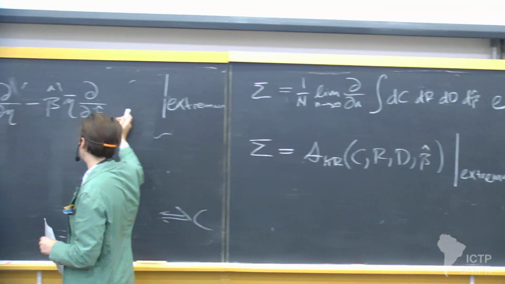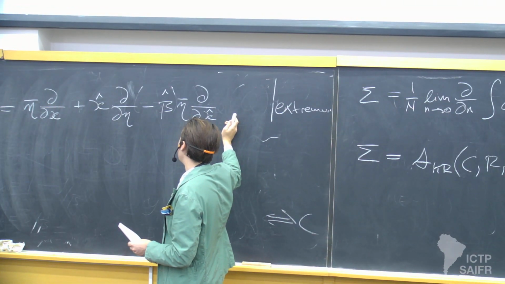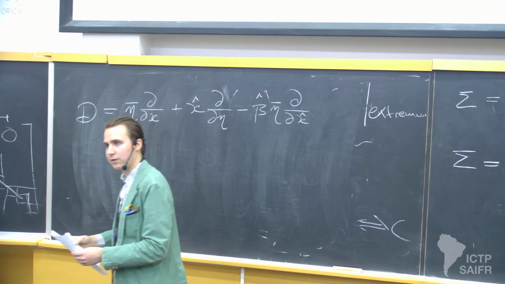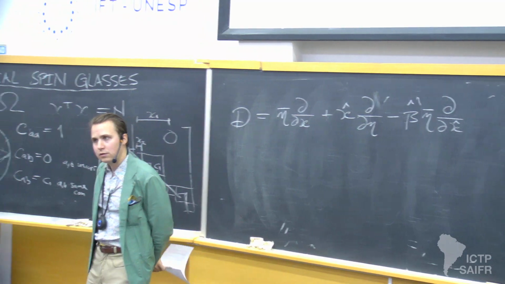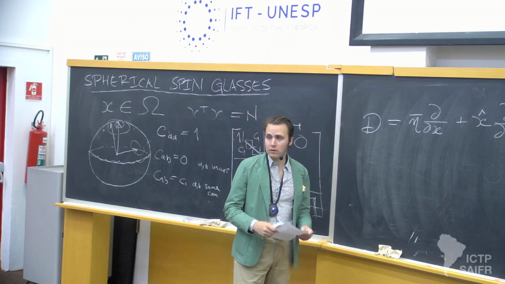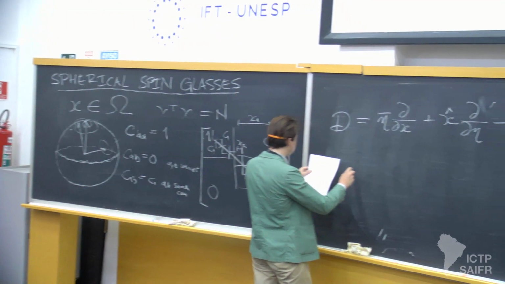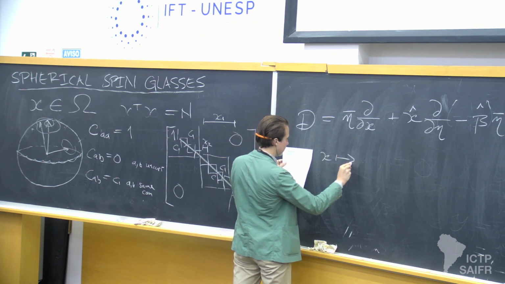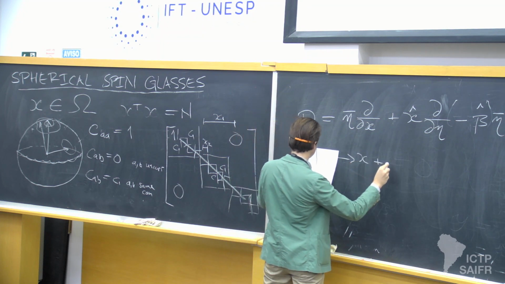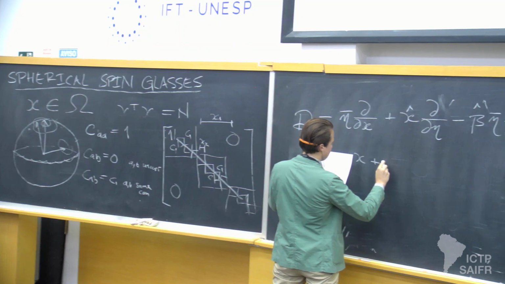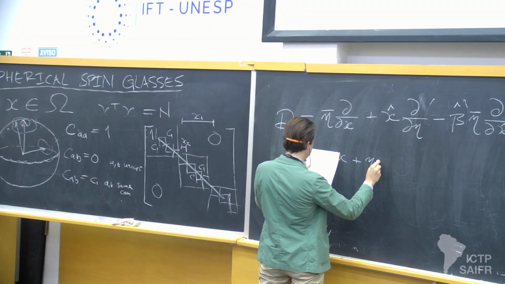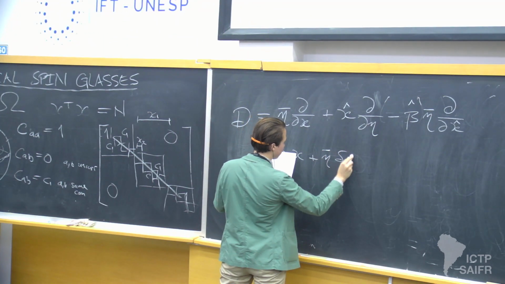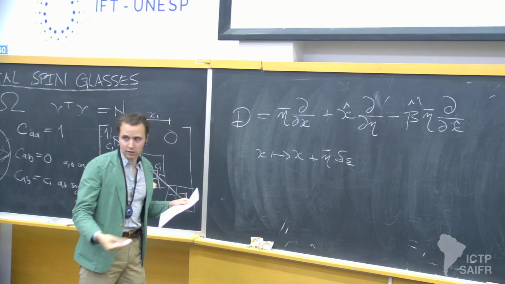And this is the differential symmetry for small changes to the values that you get. The little shifts you get are that x goes to x plus eta times eta bar, times a small fermionic perturbation.